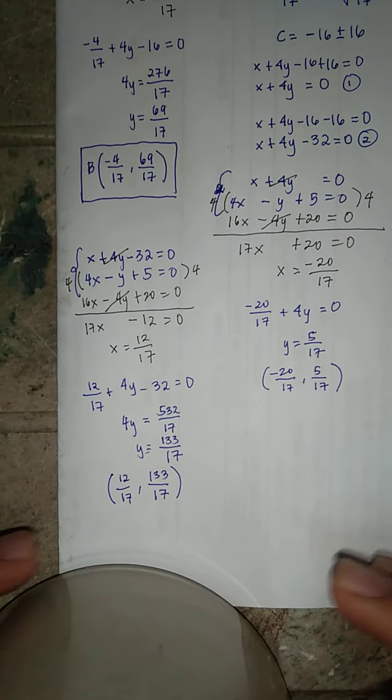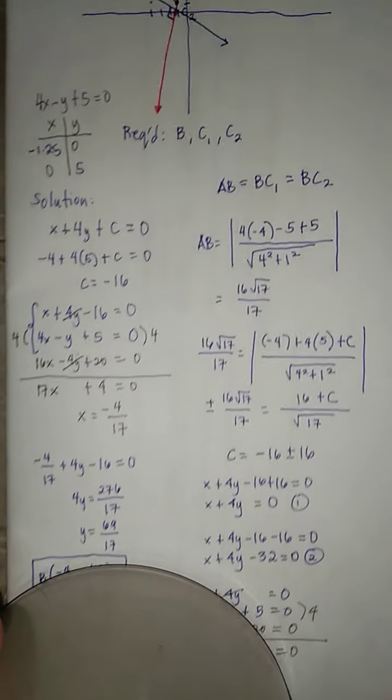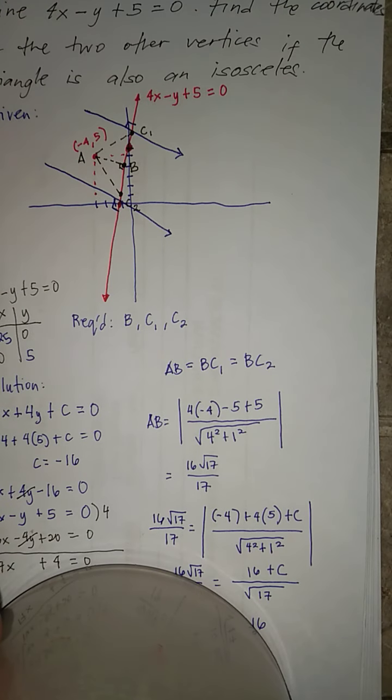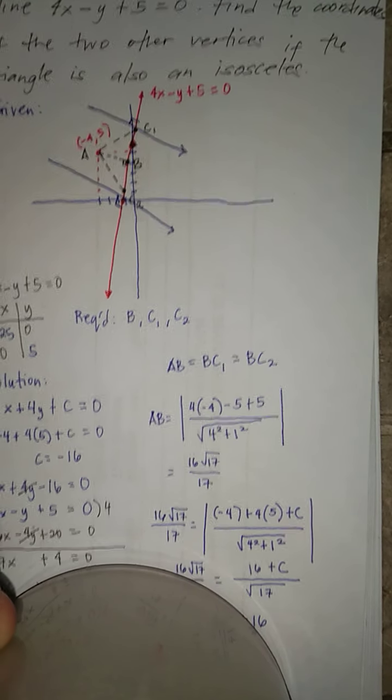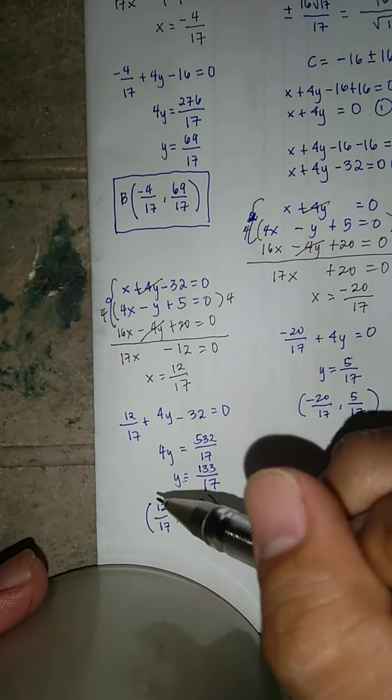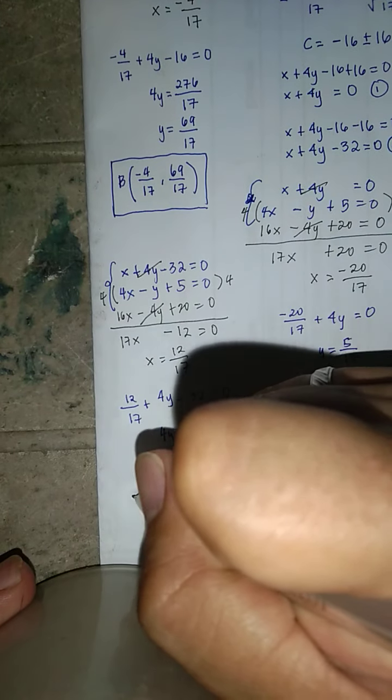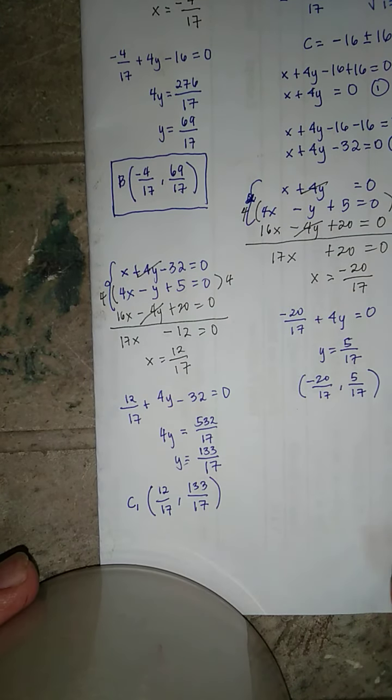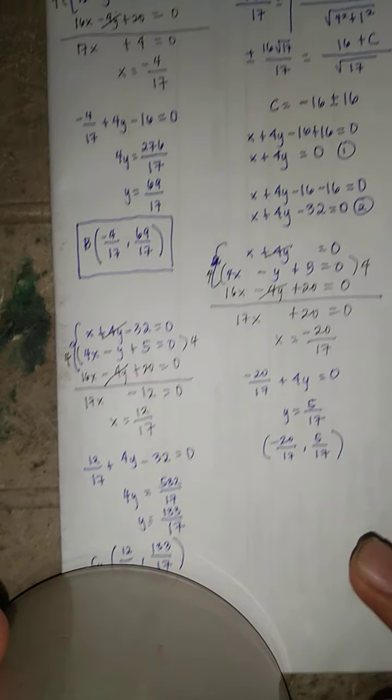Judging from the coordinates, C1 is probably in the first quadrant. So this one here is probably C sub 1, since all of its coordinates are positive, therefore it is in the first quadrant.